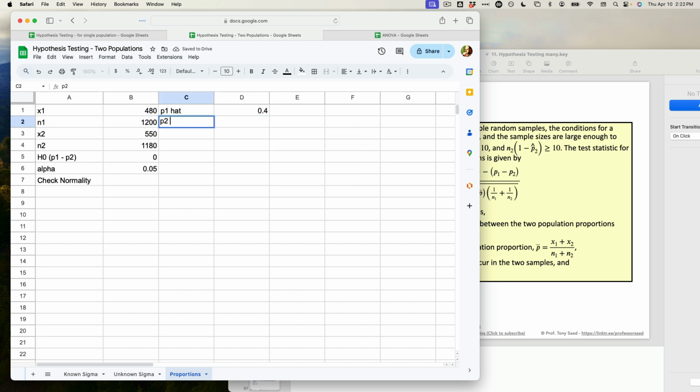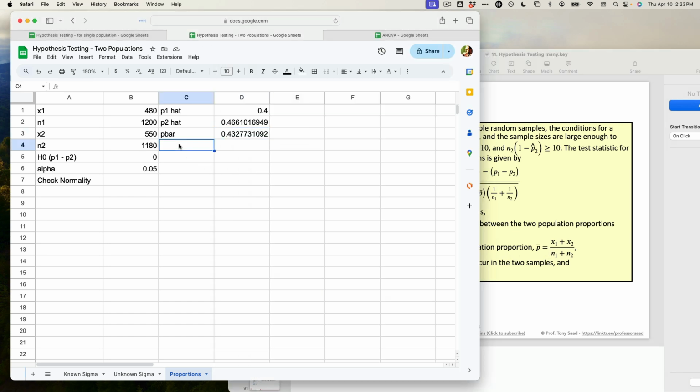And P2 hat is going to be equal to X2 over N2. And I need to calculate this P bar since I'm at it. So P bar is equal to X1 plus X2 over N1 plus N2.